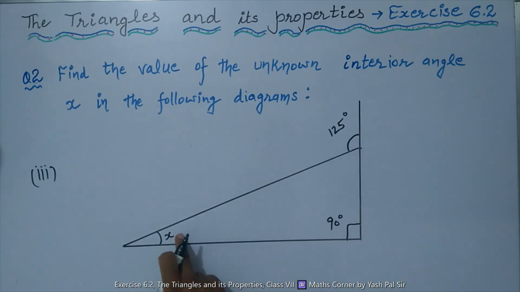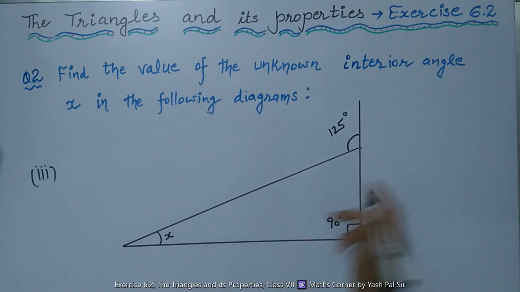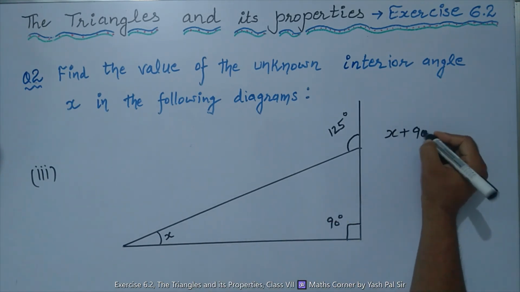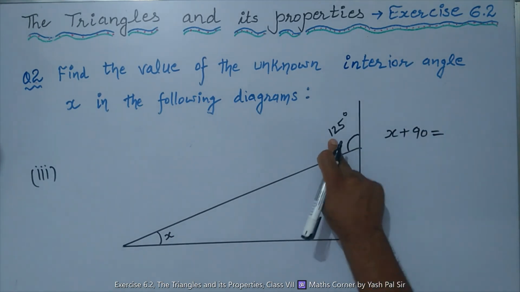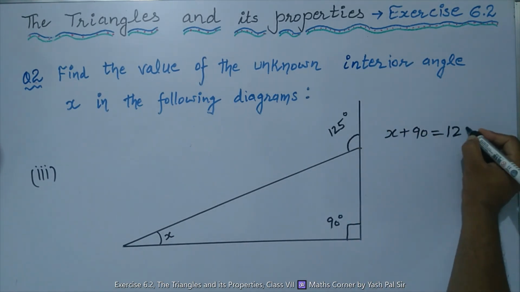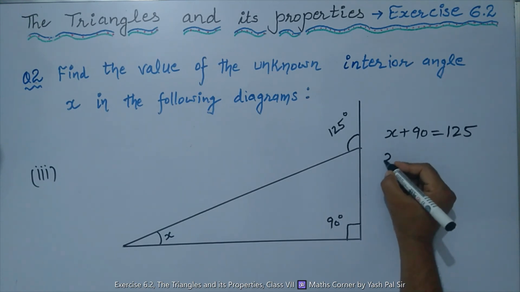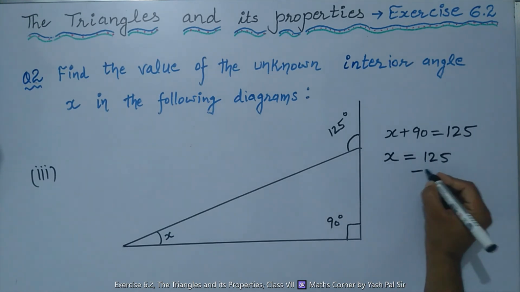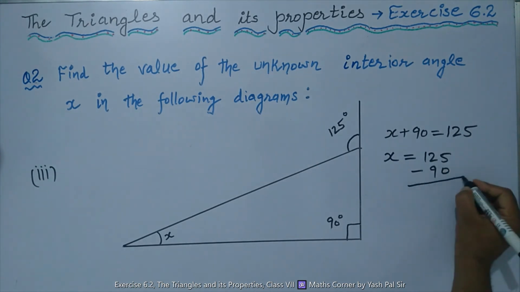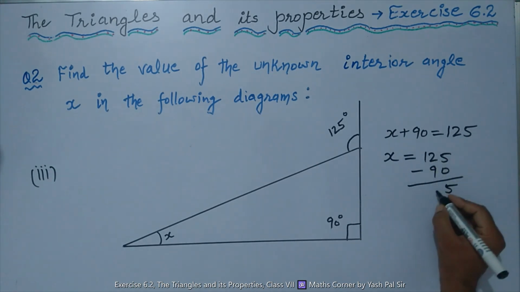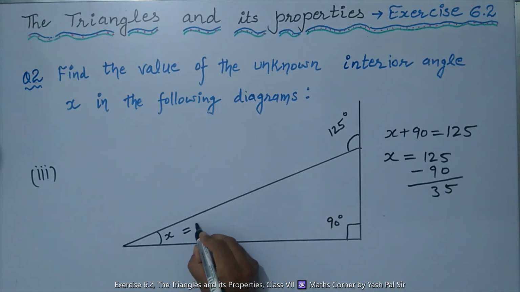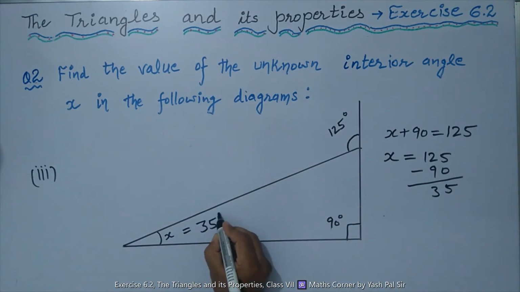The sum of opposite interior angles, x plus 90, is equal to the exterior angle 125. So x becomes 125 minus 90. So the value of x is 35 degrees.